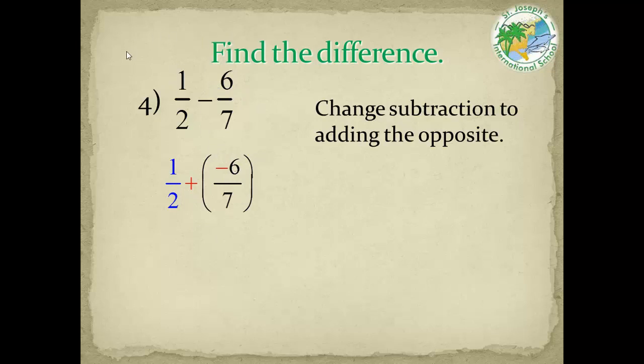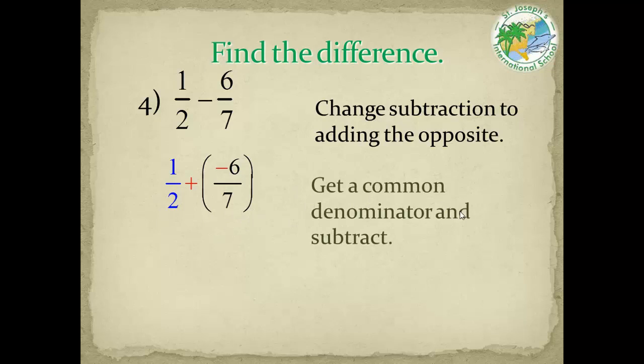If any fraction is negative, we can write the negative between brackets and put plus between the two fractions. The next step for the difference of fractions: they should have equivalent denominators. Get a common denominator. The common denominator, the LCM between 2 and 7, is 14.